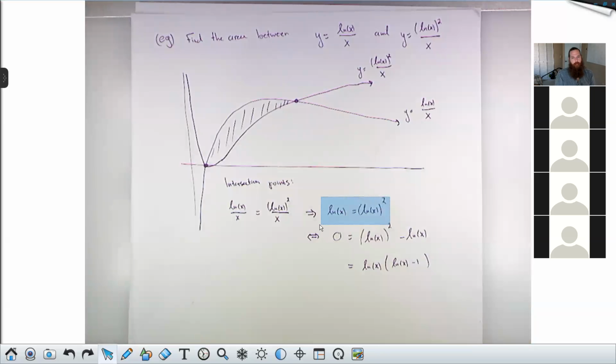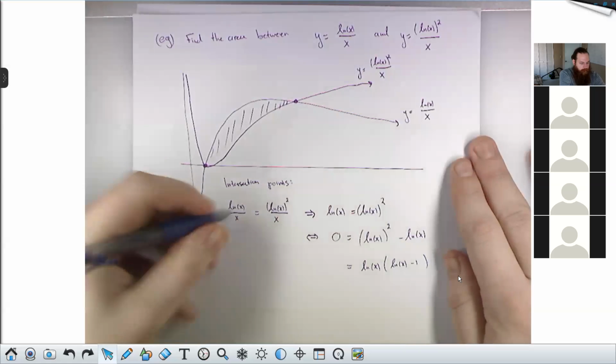Anytime something is equal to that same thing squared, the two solutions come from when that thing is 0 and when that thing is 1, but this is how we discover it. So subtract ln x from both sides and you get this, and then factor ln x and you get this.